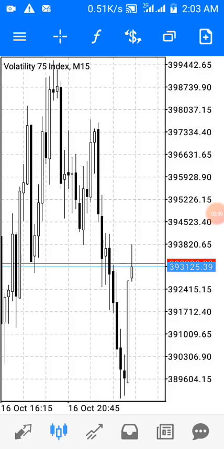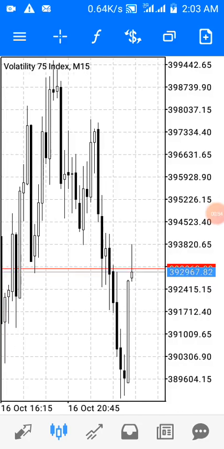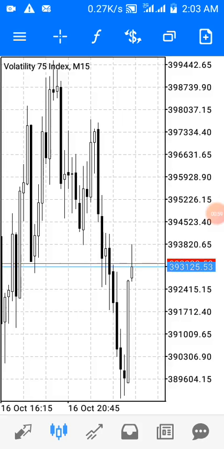Today we'll be looking at a strategy that you can use to trade Forex or volatility index. This strategy is more like a martingale hedge strategy.